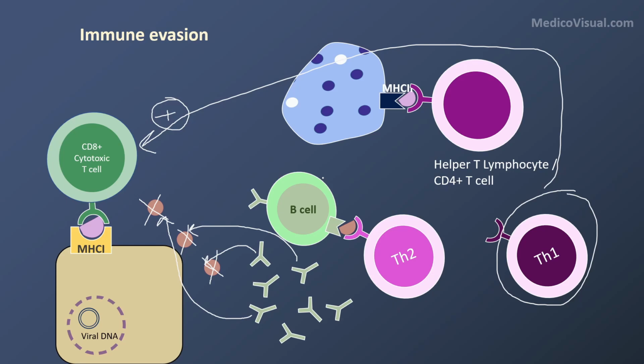Otherwise, cytotoxic immune response won't be created significantly. And because this response is delayed, clearance of virus is delayed, and more and more virus particles are created. Now it is much more difficult to get rid of virus.